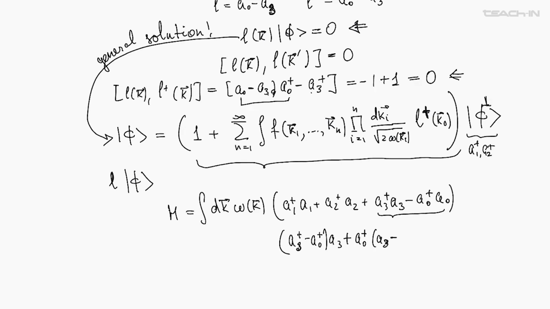You see, this term cancels this term, and then you return back to this expression here. But this is written as L dagger A3 plus A0 dagger L.